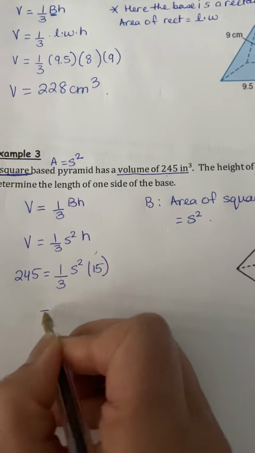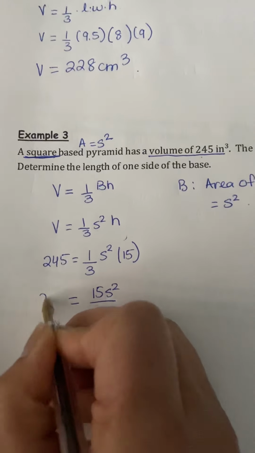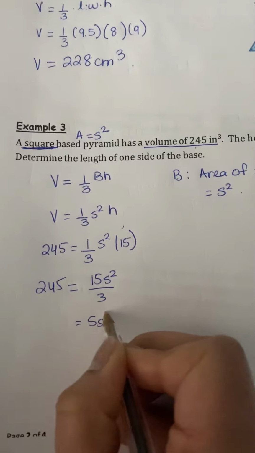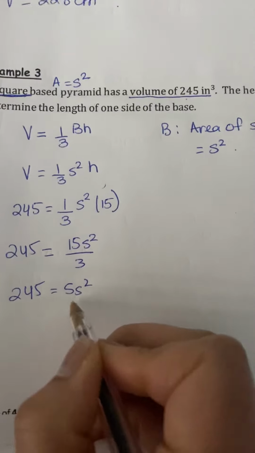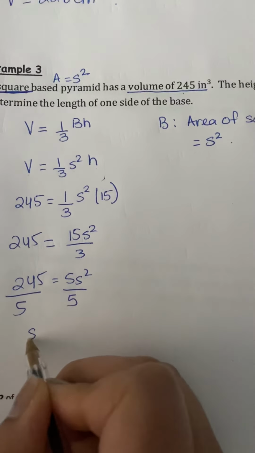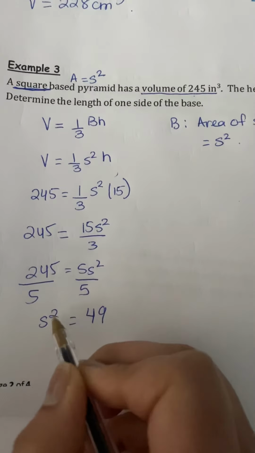Simplify this side. It's basically 15 s squared over 3, right? What is 15 divided by 3? 5 s squared, right? Now solve for s. Divide by 5, and I get s squared equals 49. What's my last step? How do I undo a square?